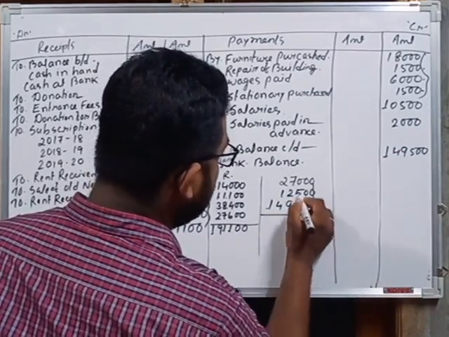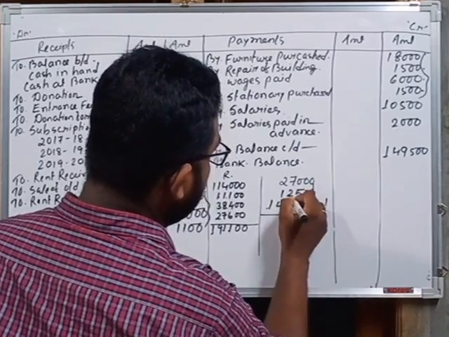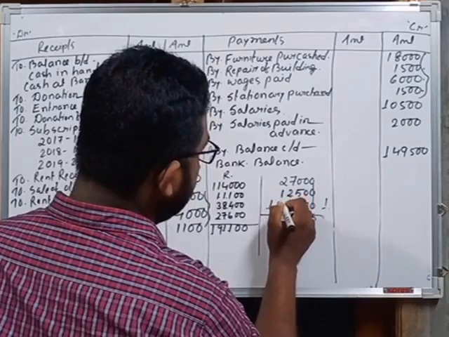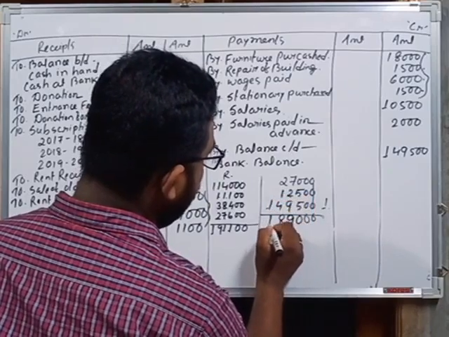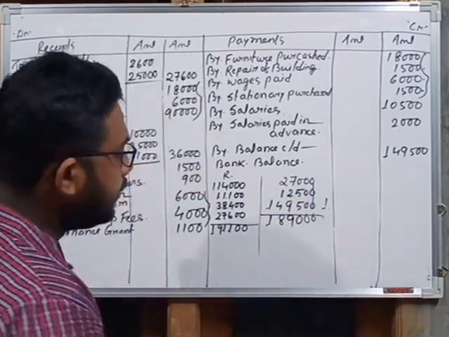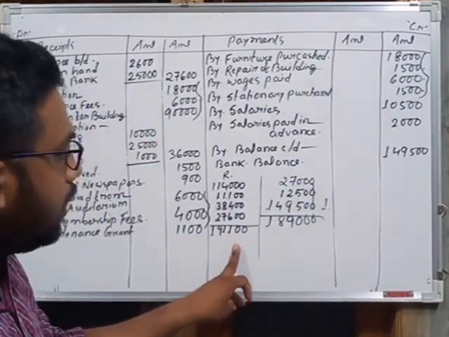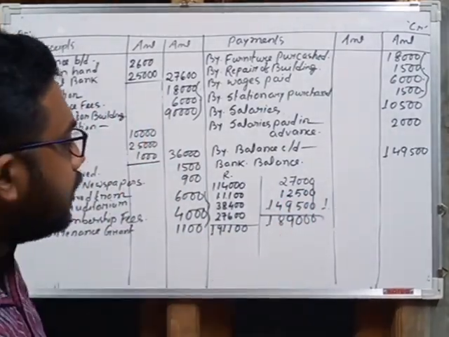The total comes to 1,89,000. Okay, so receipt side is 1,91,100 and payment side is 1,89,000.